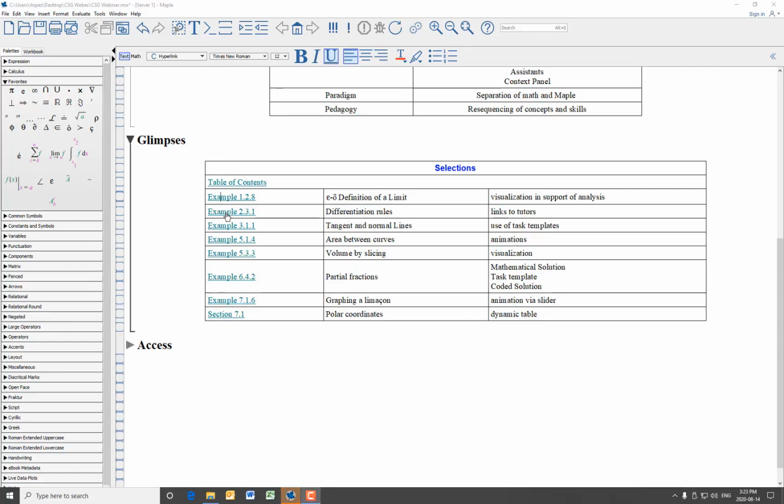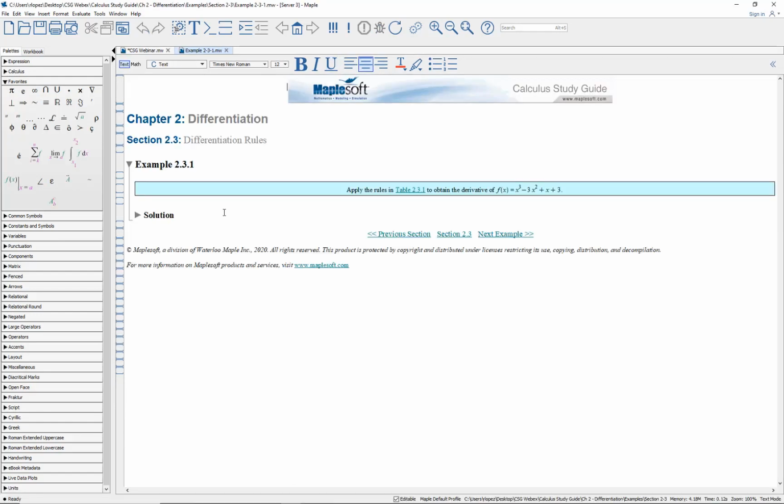This example deals with the differentiation rules, and here you can see that it'll take us over to look at one of the tutors. Up here it was visualization and supportive analysis, and you can see what the highlight of that example is.